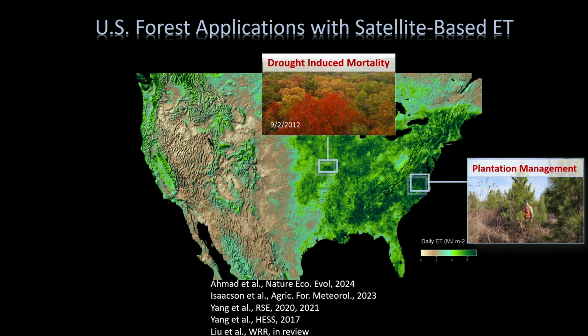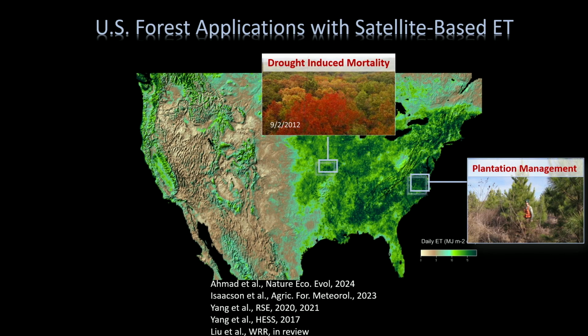So we see a lot of die-out of the forest after the drought event. My second study for the forest is on this site, to look at how we can use ET as a signal to find the forest health condition change, and whether we can use that information to help with the drought-induced mortality of the trees after the drought.